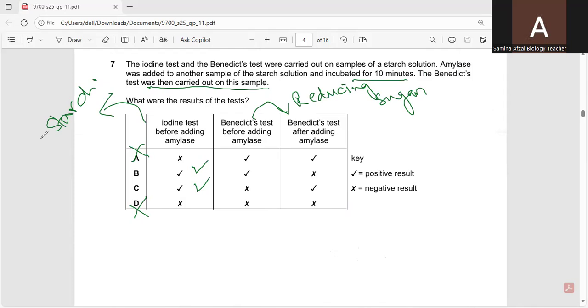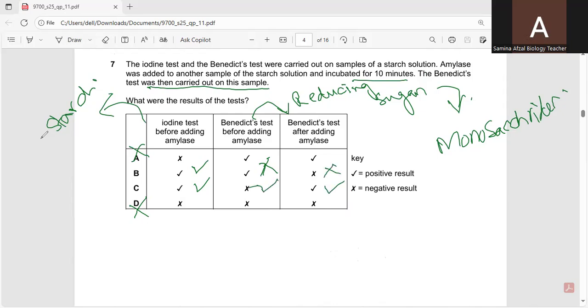Before adding amylase, the starch is there. Then the starch will be broken down and change into reducing sugars, which are monosaccharides, like glucose and fructose. So Benedict test after adding amylase should be positive.